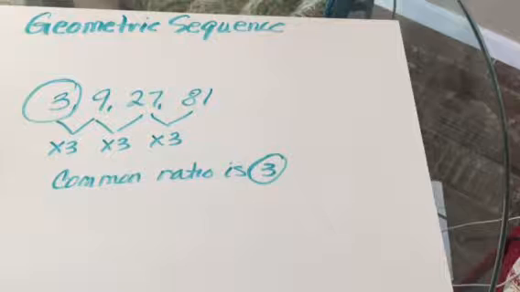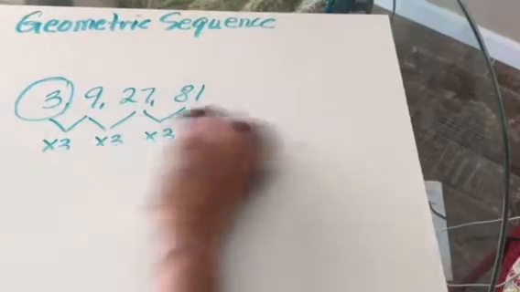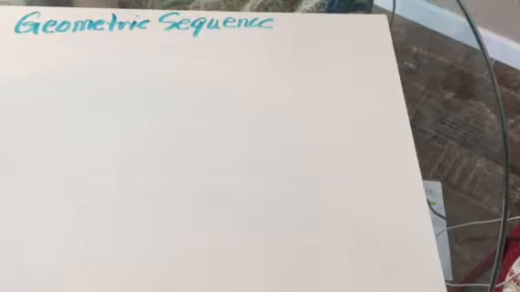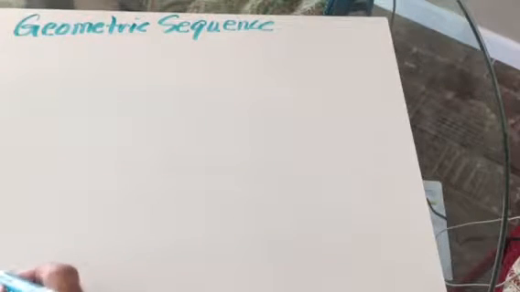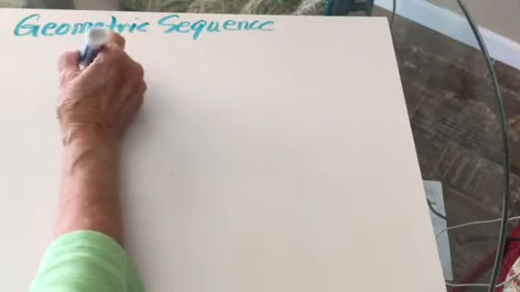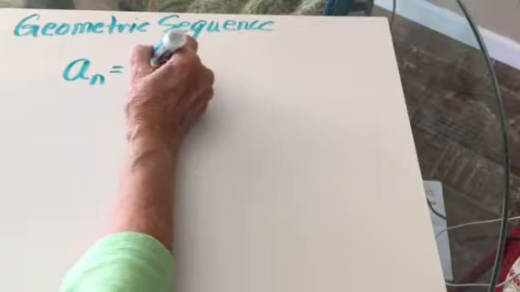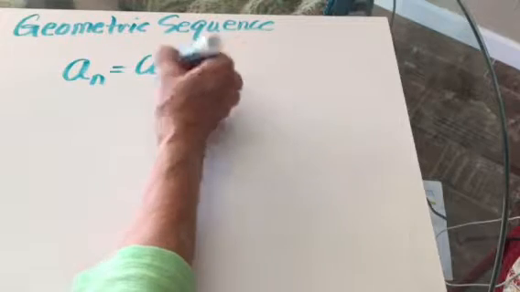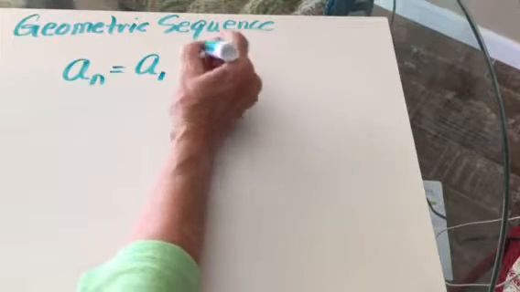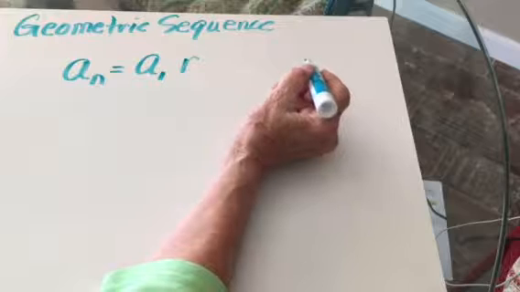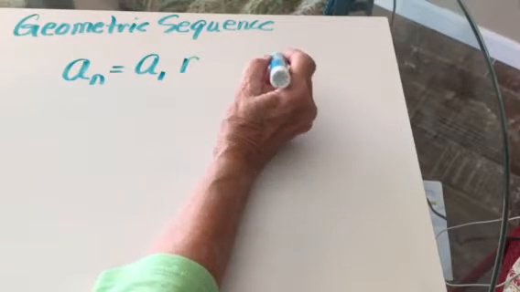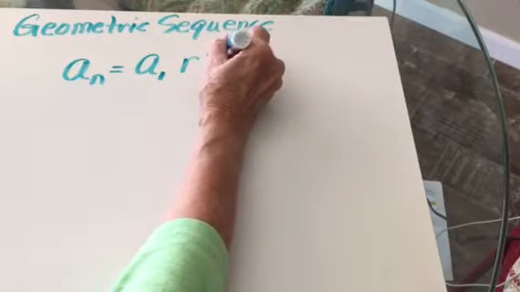Okay, so we're going to actually go right into the equation that we use. And this is note time for you all. Write this down. Copy it down. a sub n equals a sub 1, excuse me, times the common ratio, all to the n minus 1.